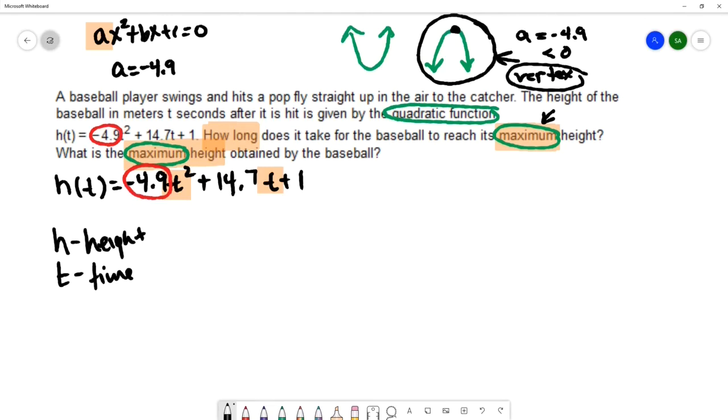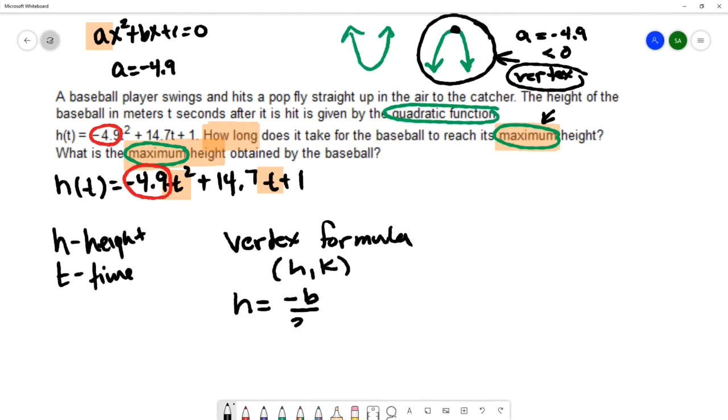So we do have a formula for finding the vertex, called the Vertex Formula. Our vertex is usually written as an ordered pair, (h, k). The formula for the x-coordinate of the vertex is negative b over 2a. So you can see it's using the a and the b.